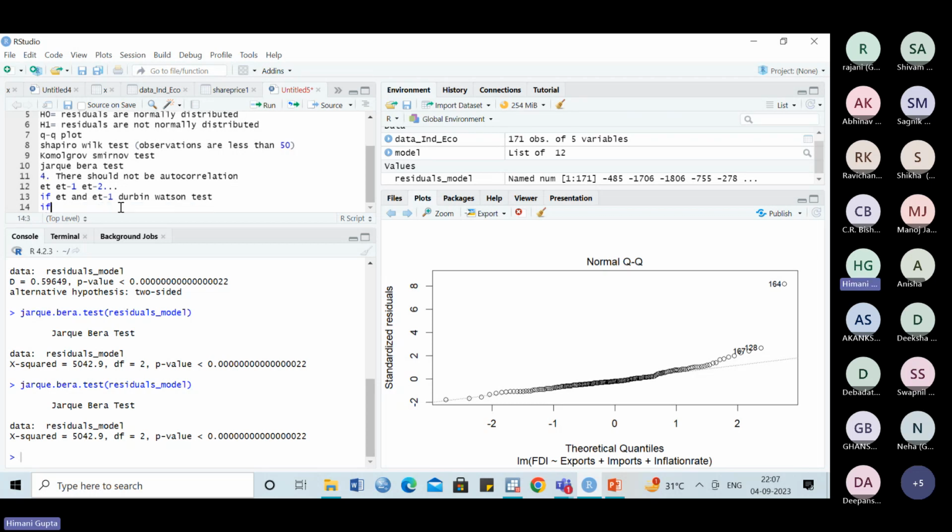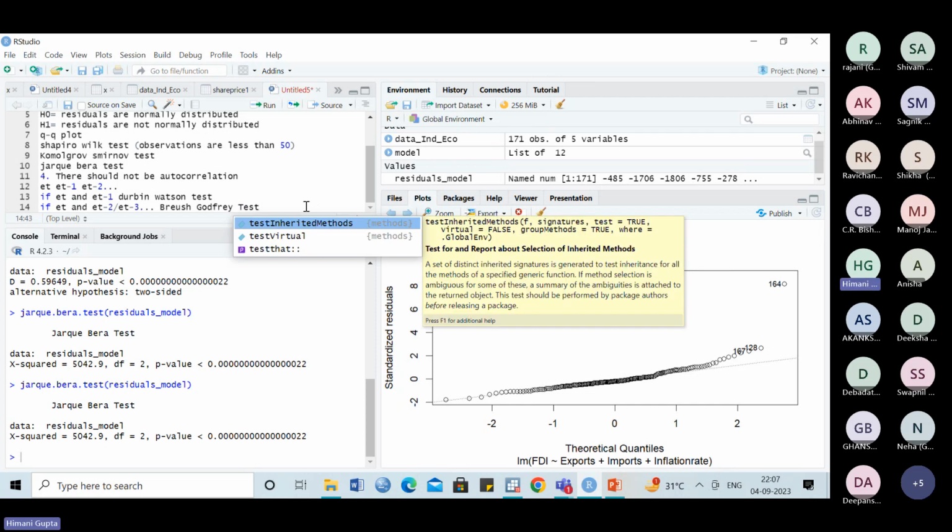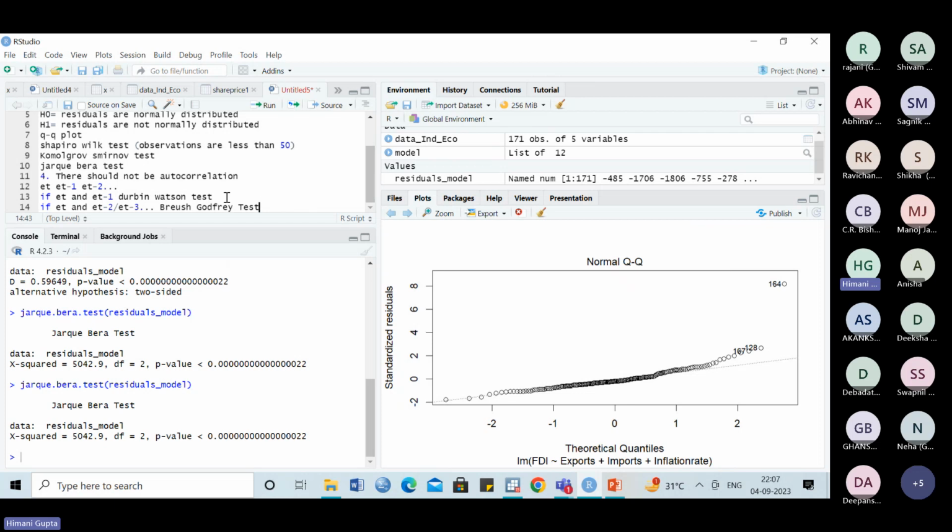And if E_t and E_t-2 or E_t-3 and so on are related, then we are going to use the Breusch-Godfrey test. So you have to remember these two things: when we are going to use the Durbin-Watson test and when we are going to use the Breusch-Godfrey test.